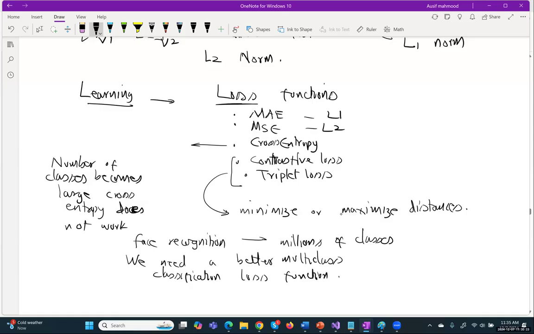Okay, so in 2019, a very famous paper was written. It's called ArcLoss. I'll give you the idea of ArcLoss and explain, and you'll see fundamentally it's a pretty simple concept.